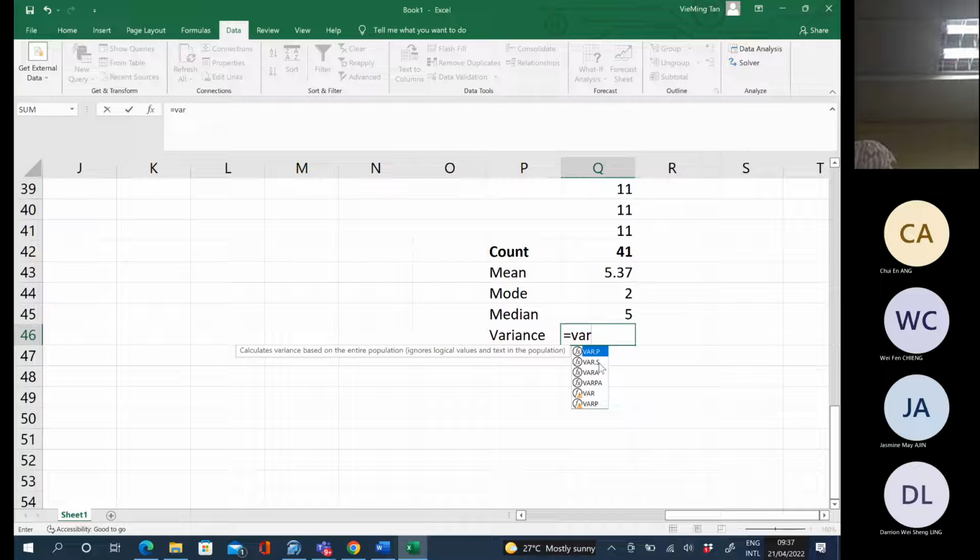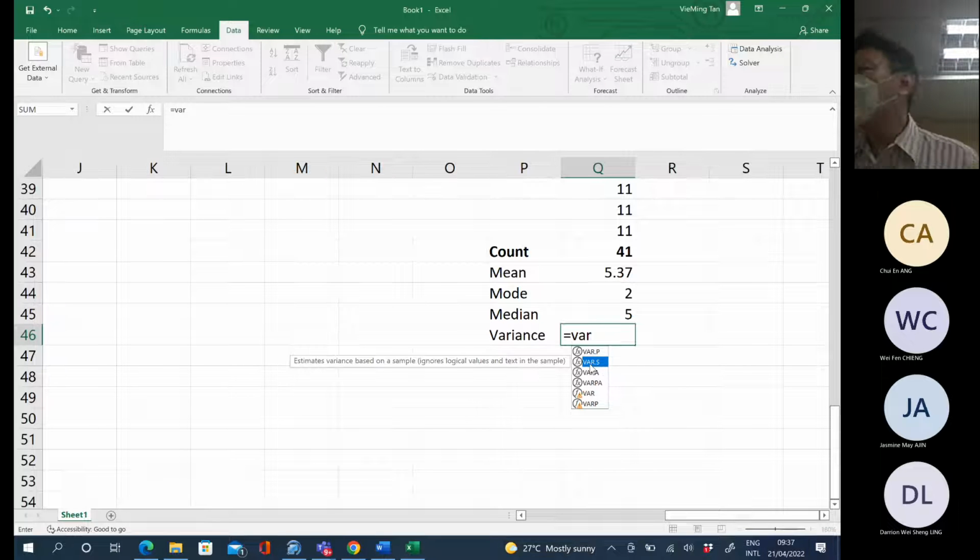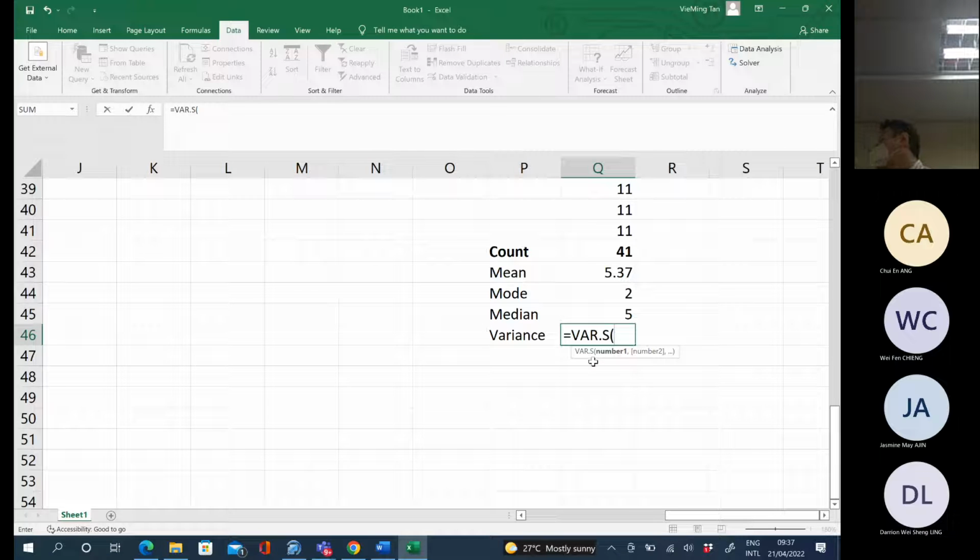S means sample. So we should use the second one. It depends on the data that you have. If you only collect data from part of the population, which we call a sample, then you should use this one, the second one. Then highlight the 41 data you have.